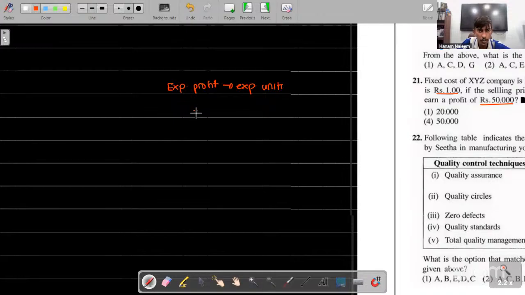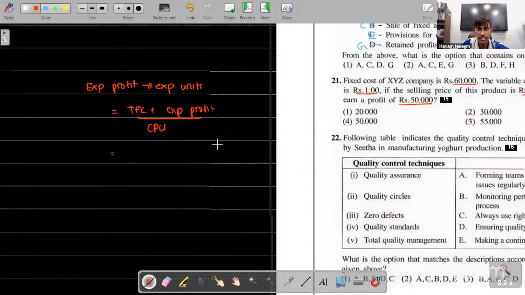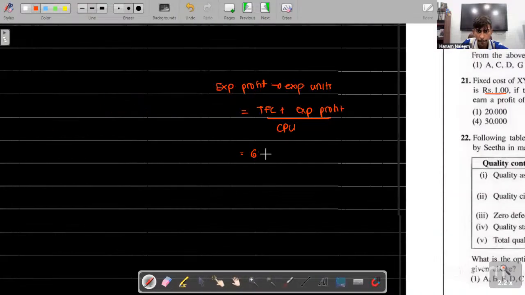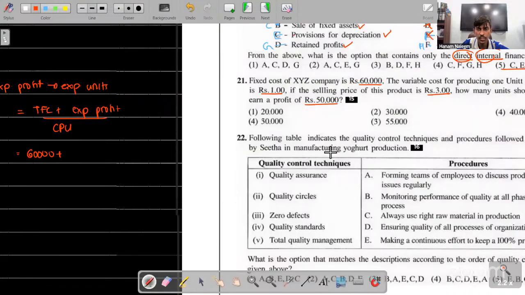So for that you have a formula: total fixed cost plus expected profit divided by contribution per unit. So in this question, the fixed cost they have given is, if I'm not wrong, 60,000. And the expected profit to earn is 50,000.